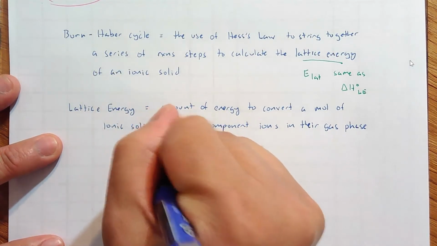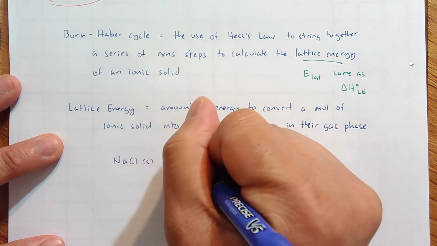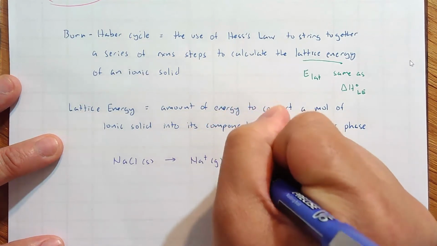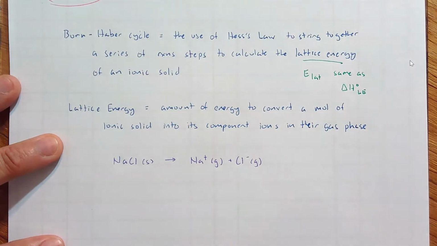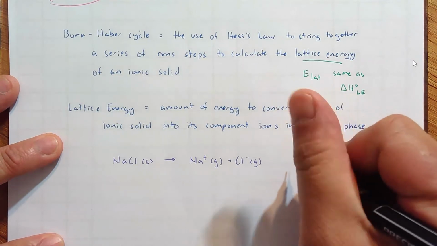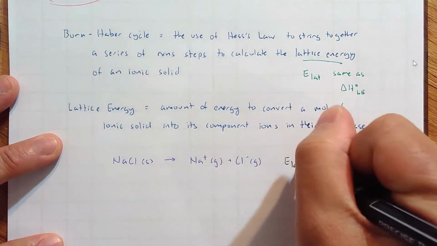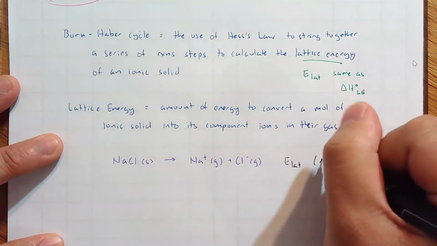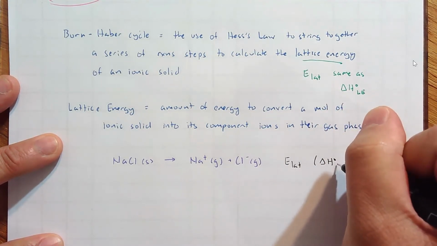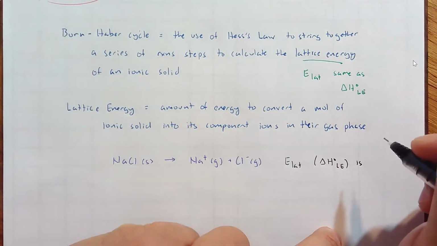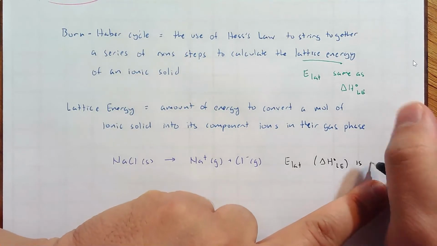NaCl solid going to Na+ gas plus Cl- gas. And here ELAT, same as delta H naught LE, is positive.